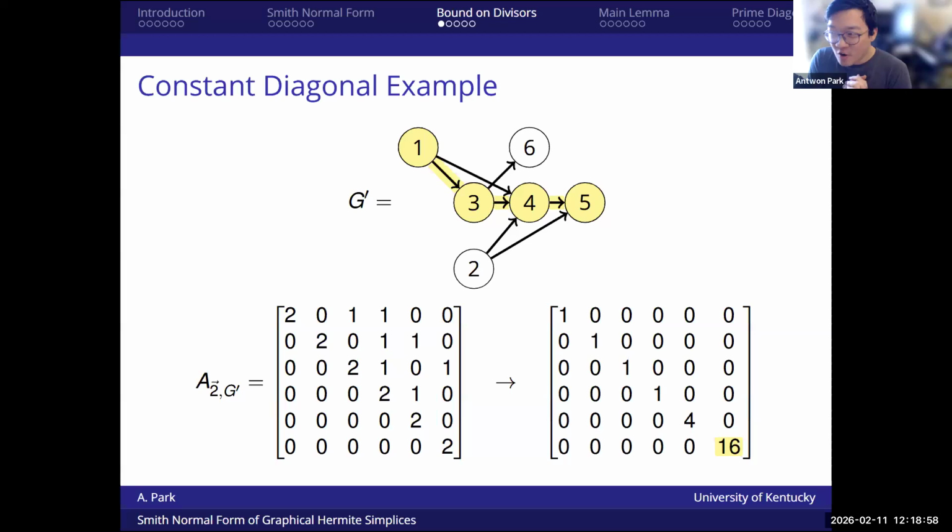So is it a coincidence that the largest invariant factor that I'm seeing is 2 to the fourth? If I do this for a bunch of other random graphs, you see a similar pattern. You can change 2 to be a 3 or a 4 or a 6 or whatever constant you want. You're always going to end up seeing that the number of vertices along a path tells you something about what that largest elementary divisor is going to be.